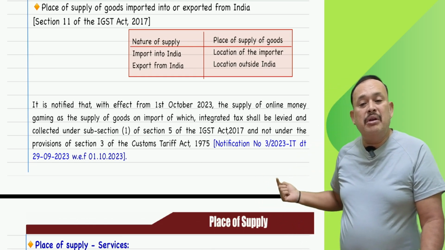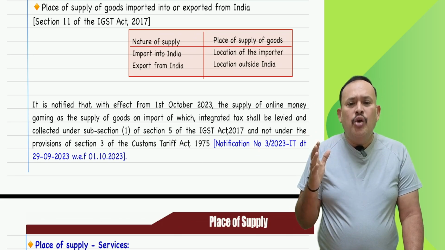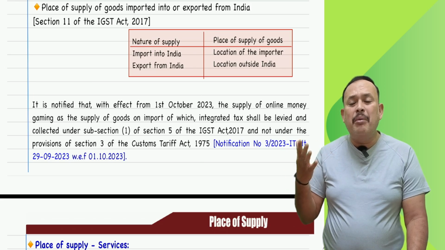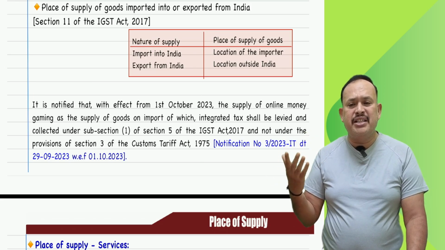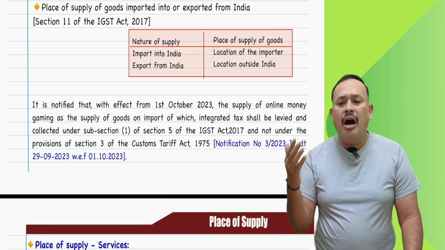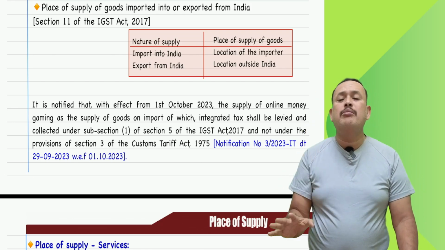But there is an amendment here. In the case of online money gaming, which is goods, as it comes under actionable claims as defined under section 2(102) of the CGST, online money gaming comes under specified actionable claims, which is nothing but goods.